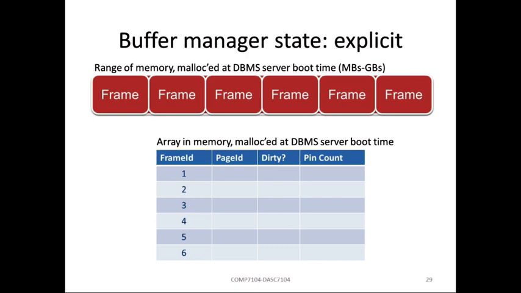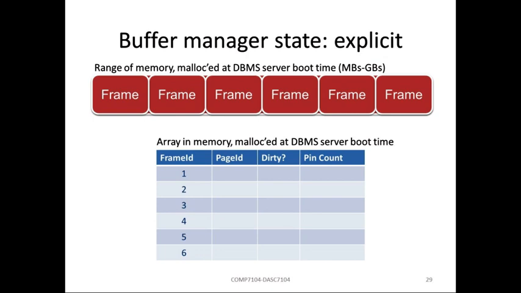Let's say we have all the information about it in this tabular format, in this little matrix, a kind of an index more precisely, where for each frame or slot, the page ID of the page currently occupying that slot is given, and then we have the dirty bit information and the pin count of that occupying page.